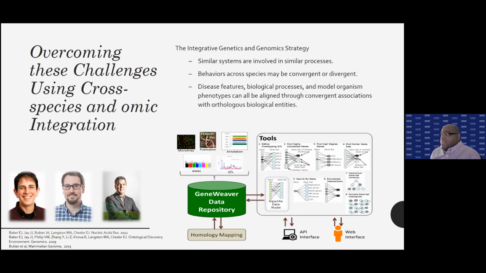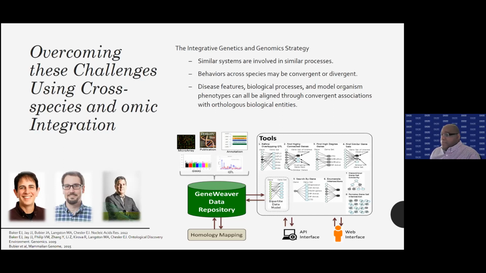But we can look at similar systems because we might expect them to have similar processes that are related to the behavior. In the same way, we can expect that the behaviors across species may actually be similar in a variety of ways, and if they do diverge, we can use those differences as well to inform the sets of genes that we want to look at later on downstream in our analyses.